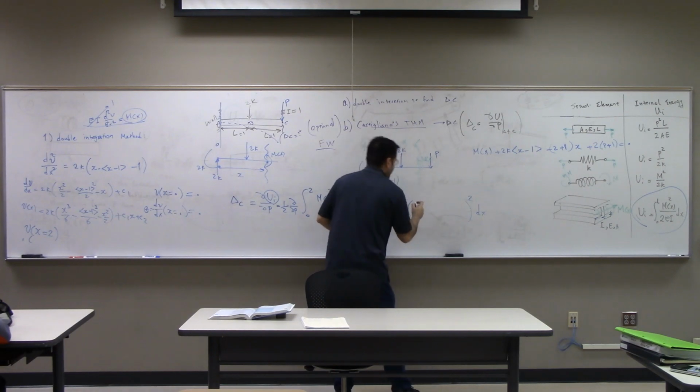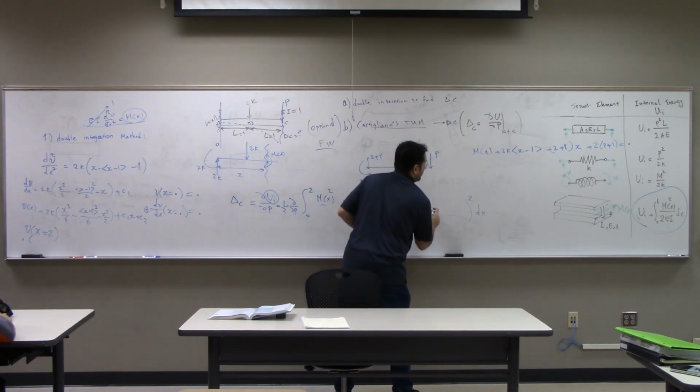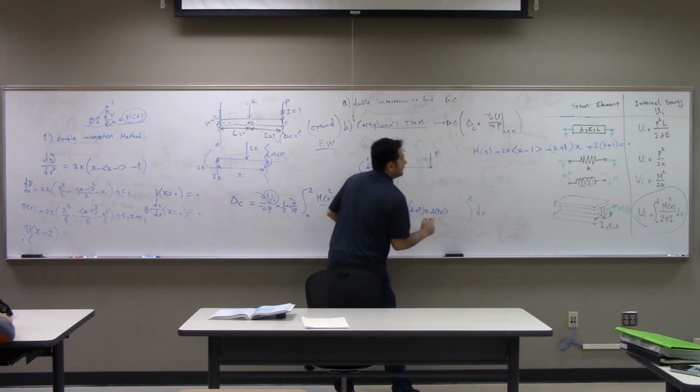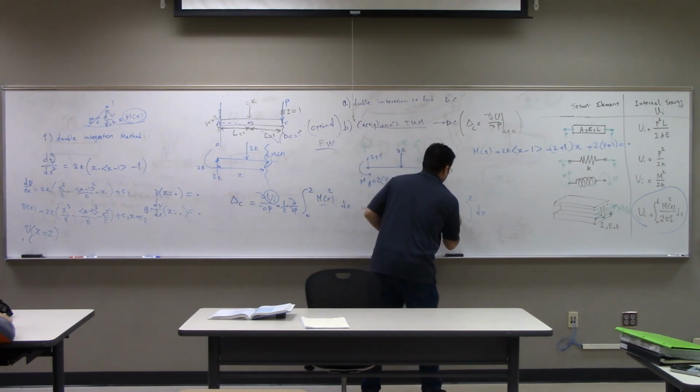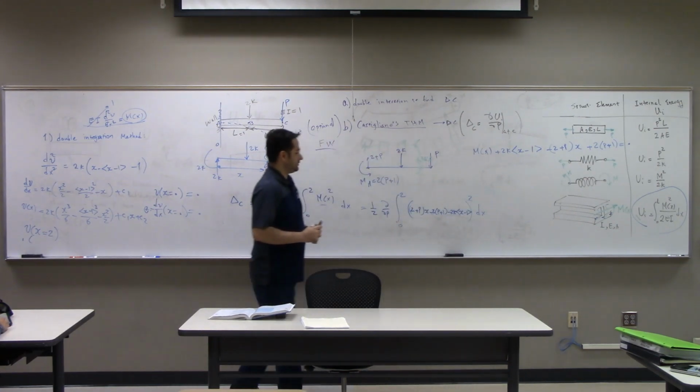So the moment becomes, take to the right, so you get 2 plus p times x minus 2 times p plus 1 minus 2k Macaulay side, x minus 1 to the square.